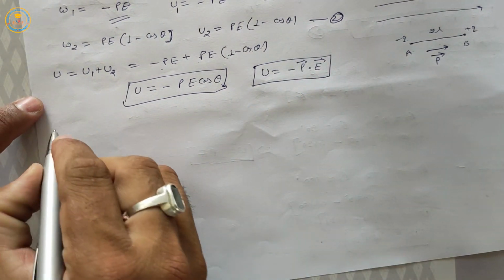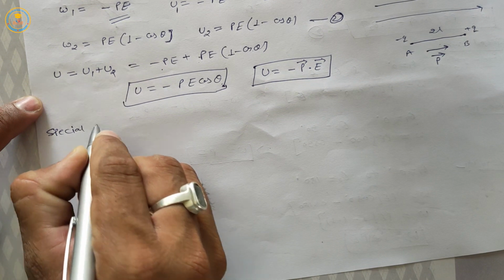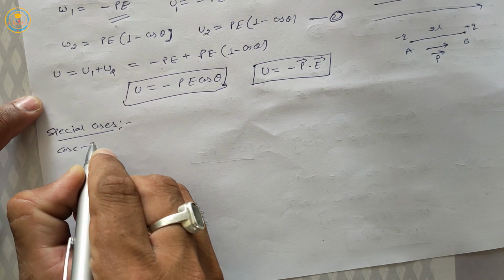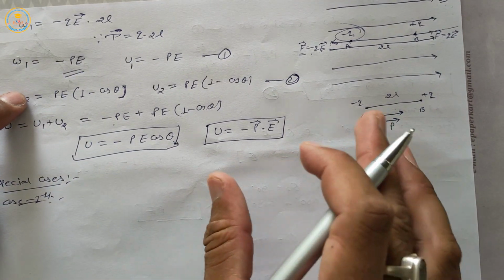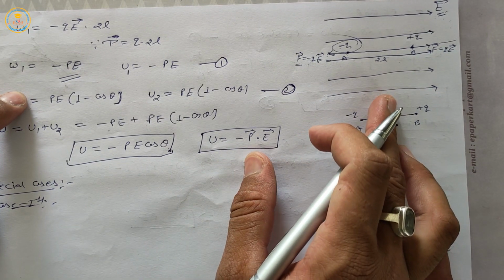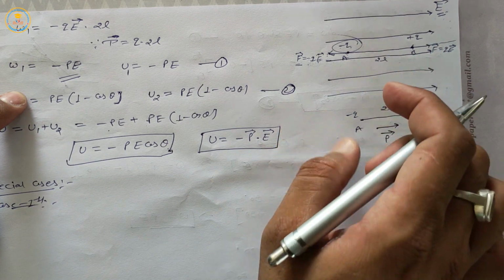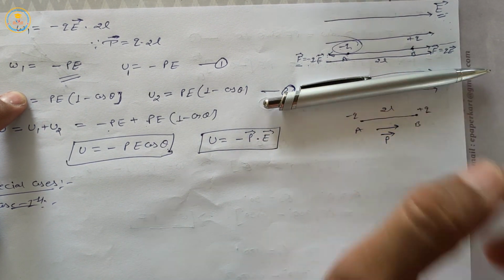Now we take some special cases. Case first: if the electric dipole moment is at theta equal to 0 angle from the electric field, it means the electric dipole is placed like this.